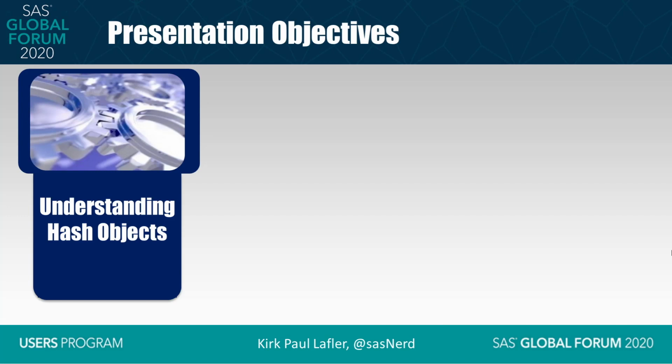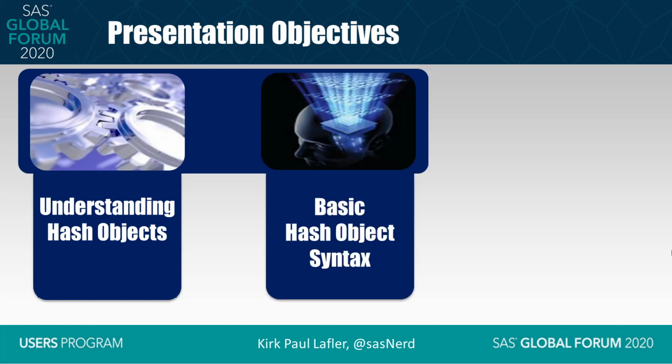The presentation objectives will be to understand hash objects. We're going to explore the world of hash objects from an introductory point of view. Then we'll turn our attention to the basic hash object syntax.